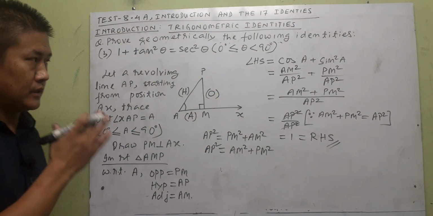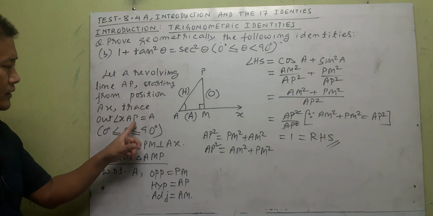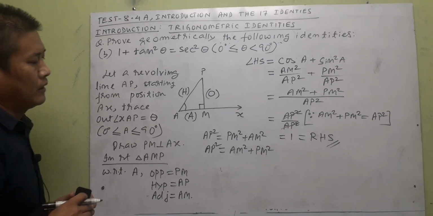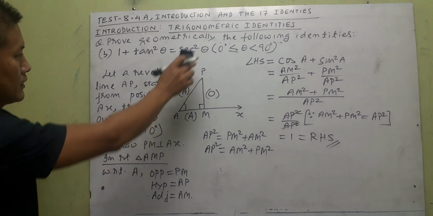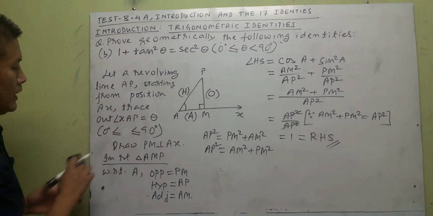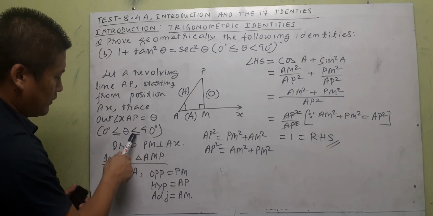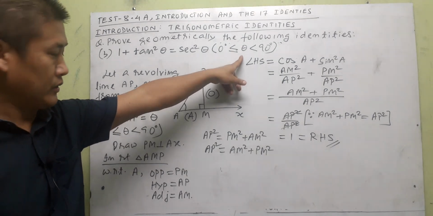There's a difference in condition here. So let a revolving line AP start from this one; instead of A, this time it will become theta. Or you can use OX also, up to you, but I'm just using the same one. Then this condition is changed, so this is now theta in place of A, and instead of less than or equal to, it is only less than, as you can see in the condition given in the question.